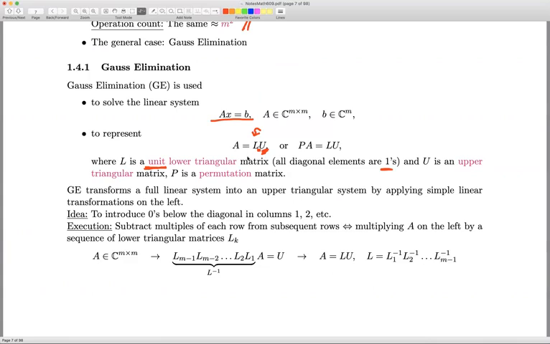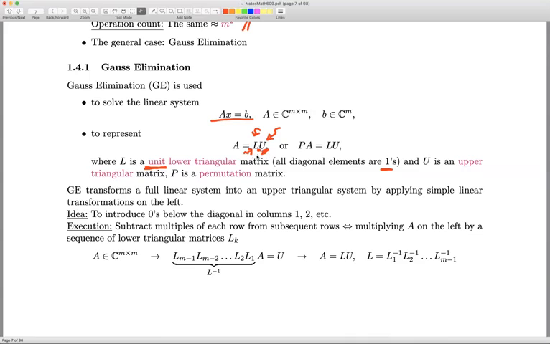Meanwhile, when you perform the computations in order to arrive at U, you will have some information that you can utilize, and this information can be used to construct the matrix L that participates in this factorization of the matrix A. This factorization of A is called LU factorization of the matrix A. And LU factorization for the matrix A can be achieved not through the Gauss elimination, but simply by writing down the system, writing down the unknowns for L and the unknowns for U, which means the entries for L and the entries for U, and then performing in a clever way the necessary multiplication of those two matrices.